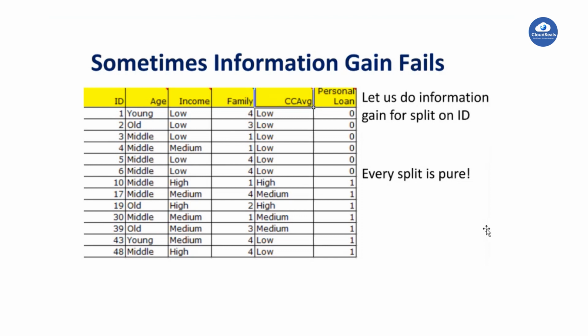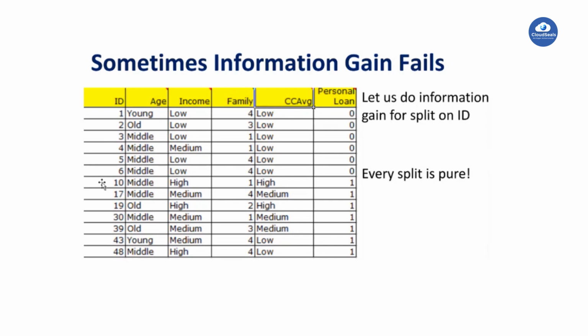Let's come to the numerical data. In numerical data, there might be a lot of values. Here, these are all categorical. Let's take 3 distinct values. Coming to the ID, how many distinct values? 13. If we take these 13 splits, what will happen?